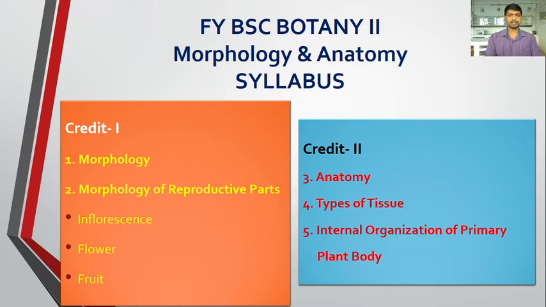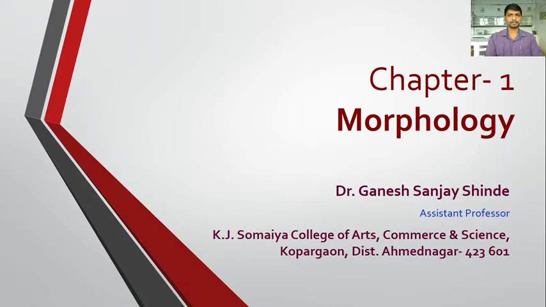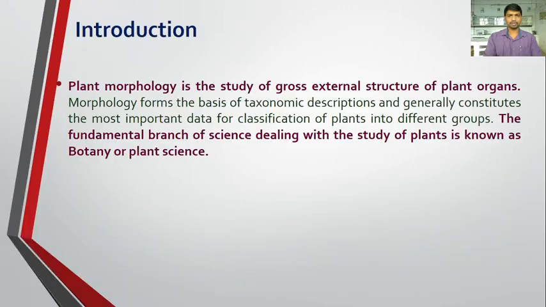So in the credit first, the first chapter is the morphology. So morphology, it is also called as the external structure of the plant organs. Plant morphology is the study of gross external structure of plant organs.